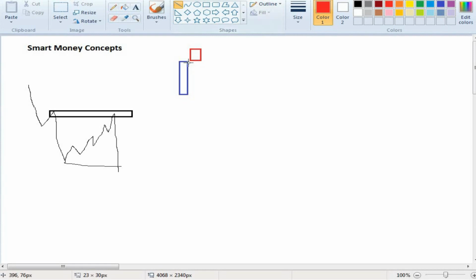They'll create something like this. This we call an evening candlestick, where the market will create another bearish engulfing candlestick, something like this.